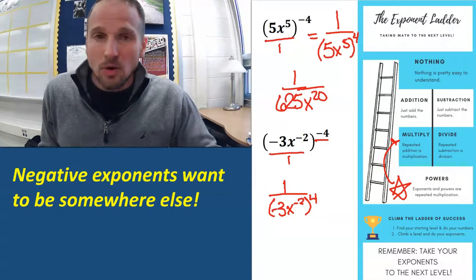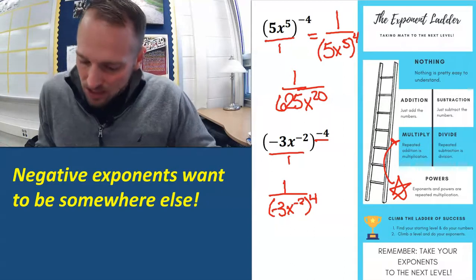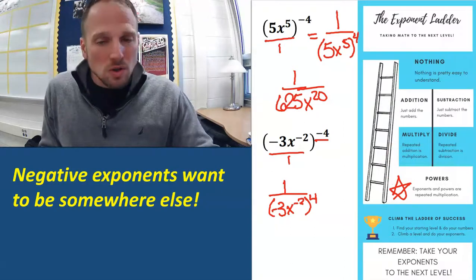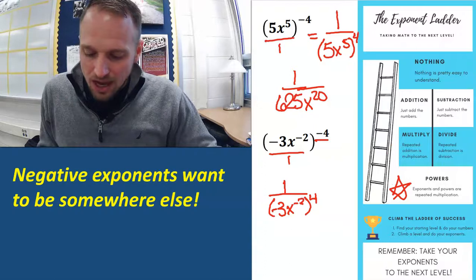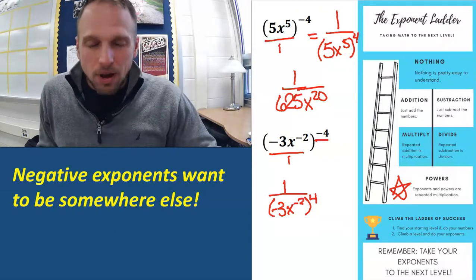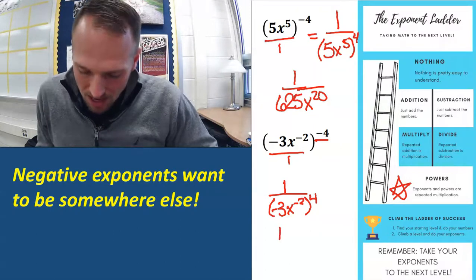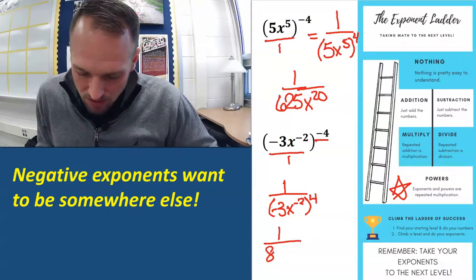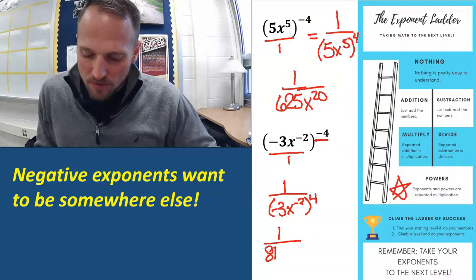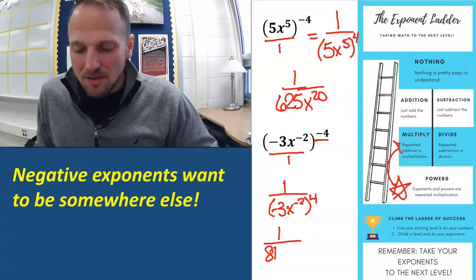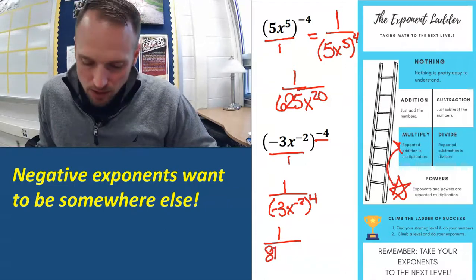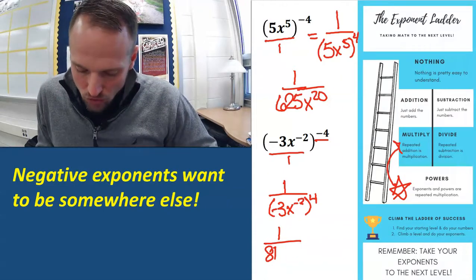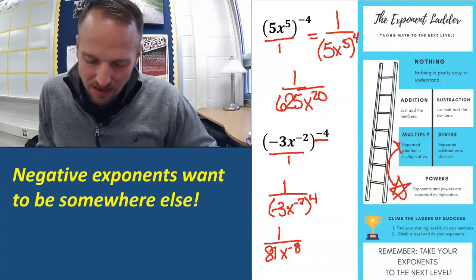Okay, now look at what we have on the bottom. Once again, we are powers. It's all going to the fourth power. So negative 3 to the fourth power is going to be positive 81. Then we need to climb a level and multiply our exponents. Negative 2 times 4, this is going to be x to the negative 8.